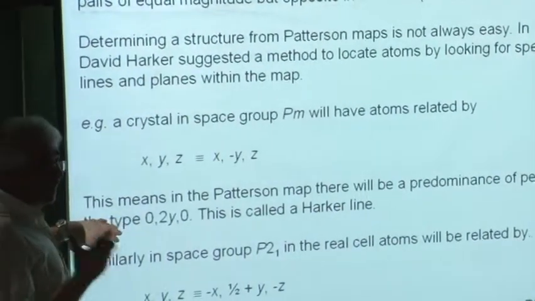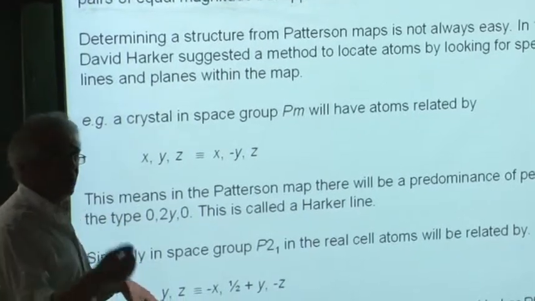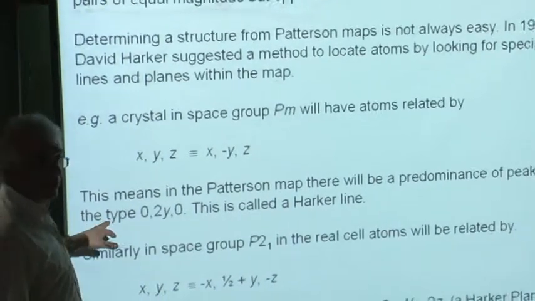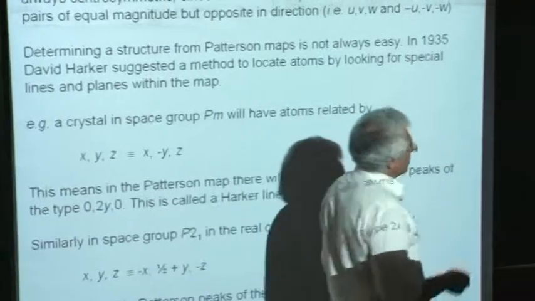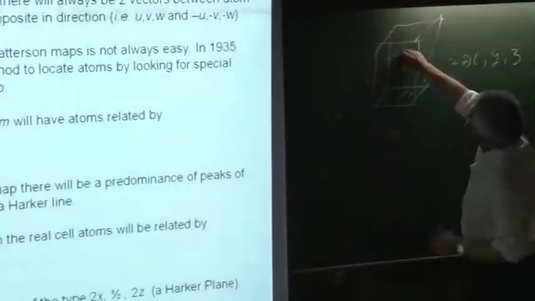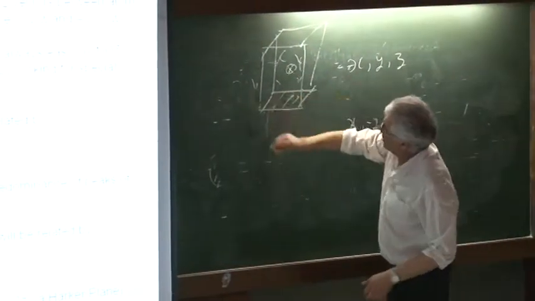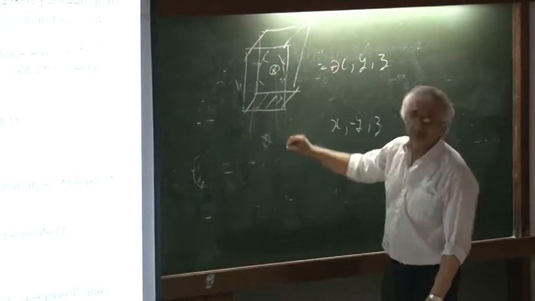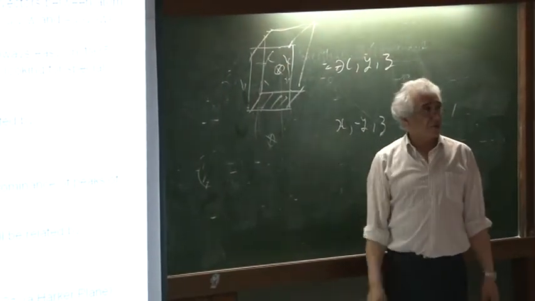So in our Patterson cell, we should be looking for special types of lines. There will be a lot. Imagine there are lots of atoms that have this symmetry, and they're all producing this type of vector.